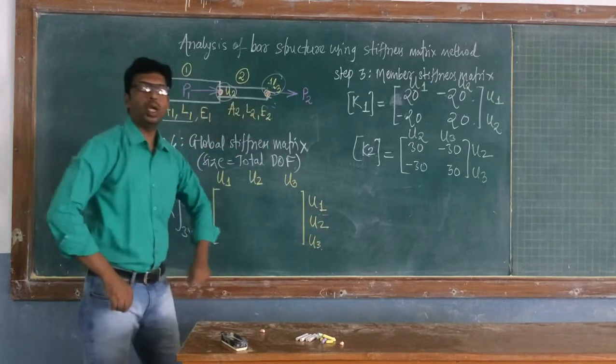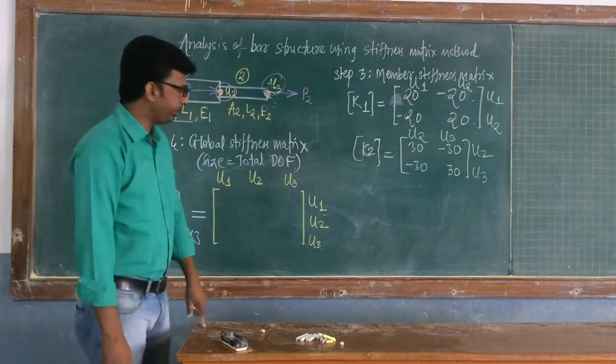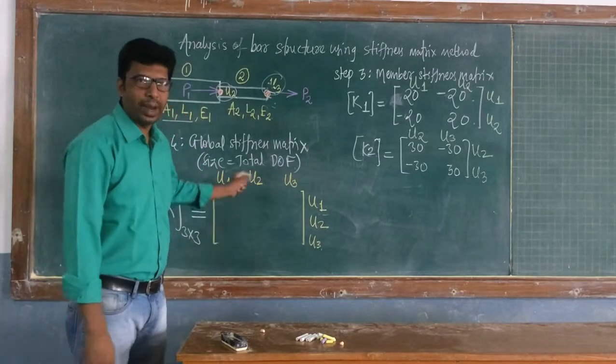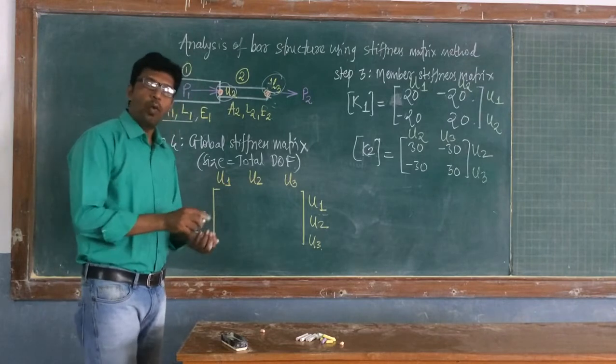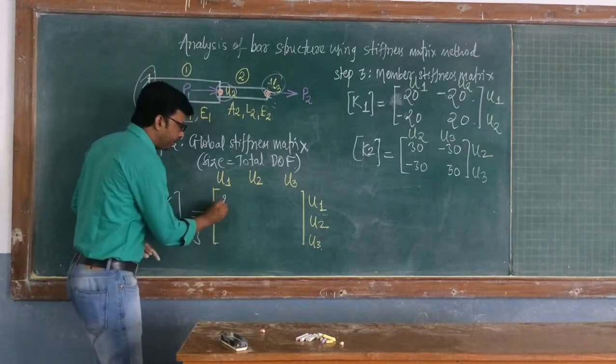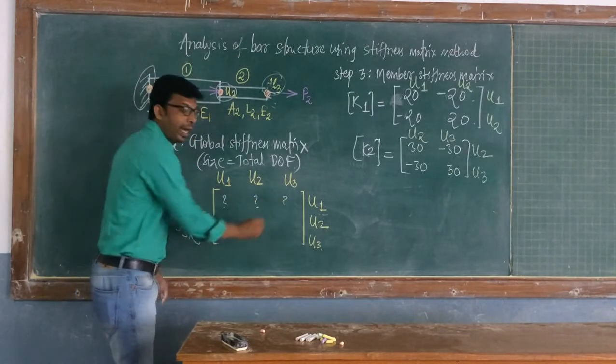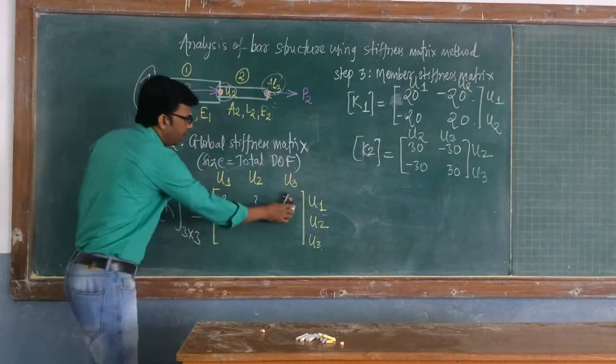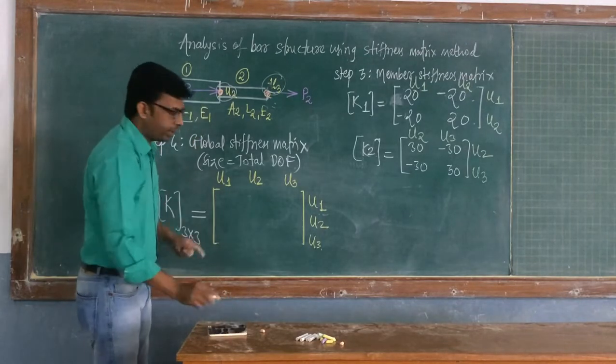Similarly, on the right part of the matrix, write down U1, U2, U3. Like this, now prepare the matrix. Now we have to calculate all these elements.